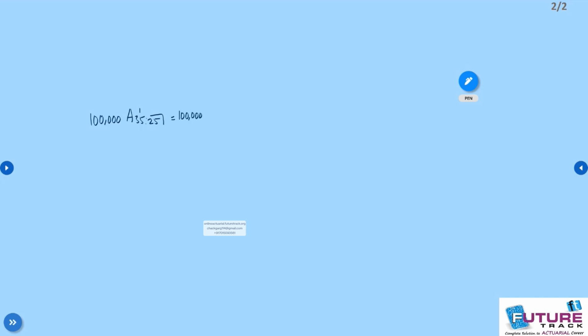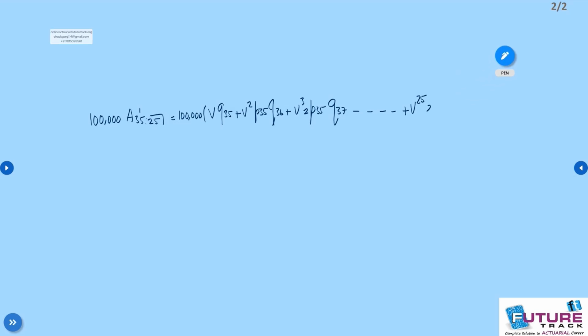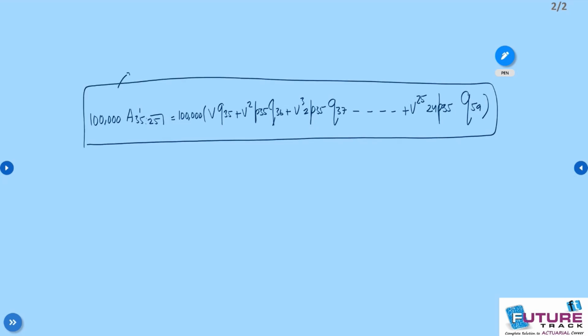That is 1 lakh times vq35 plus v squared p35 q36 plus v cubed 2p35 q37 and so on. Last will be v^25 24p35 q59.